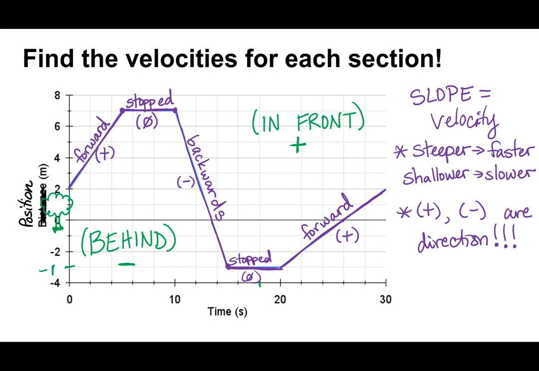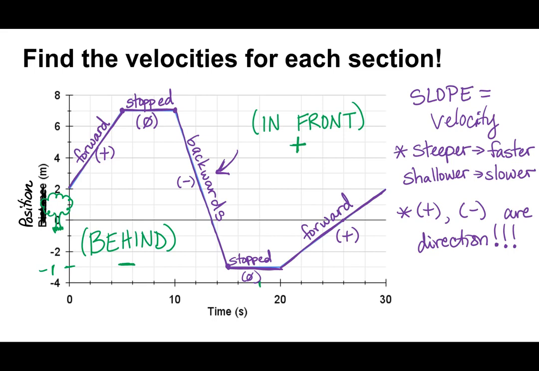So let's see. What else can we do? All right, well, where would I be moving the fastest? Well, I'm moving the fastest wherever I have the steepest slope. The steepest slope is going to be at this backwards location. Where am I going the slowest? I don't consider 0 to be a speed.